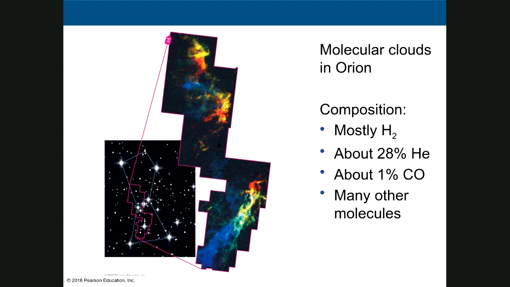So we can see that these molecular clouds contain mostly hydrogen. Hydrogen and helium are the most abundant substances in the universe. About 1% is carbon monoxide, with small amounts of many other molecules. Now keep in mind, when you're wondering, well, that doesn't sound like a lot, I get you, but remember that the sun is 99% of the mass in the solar system.